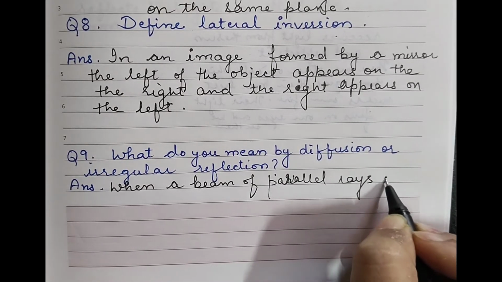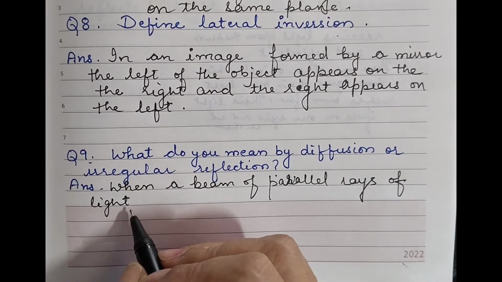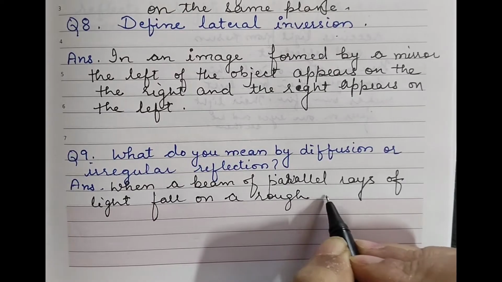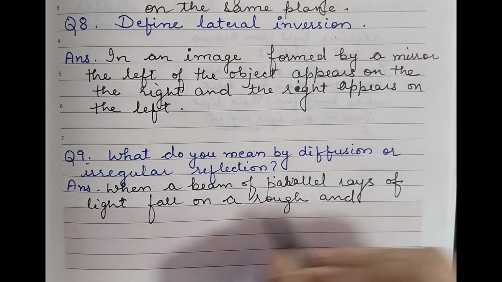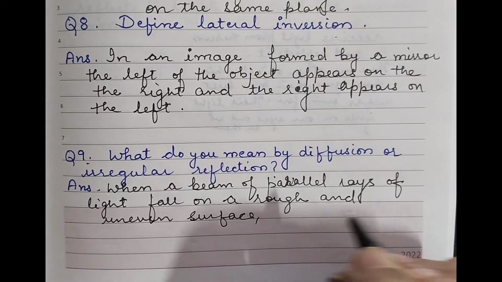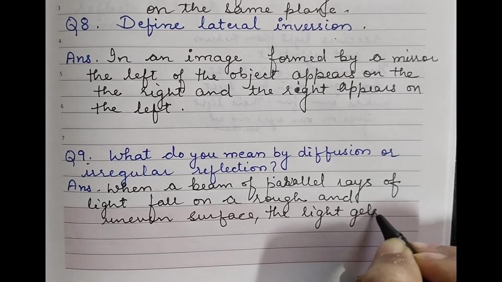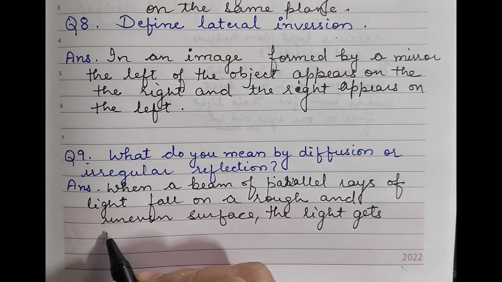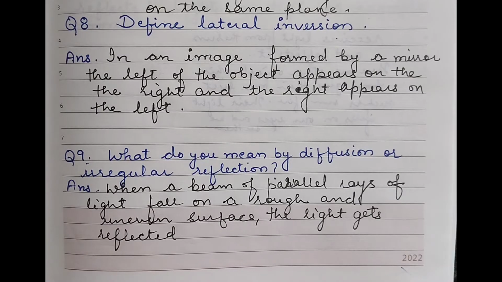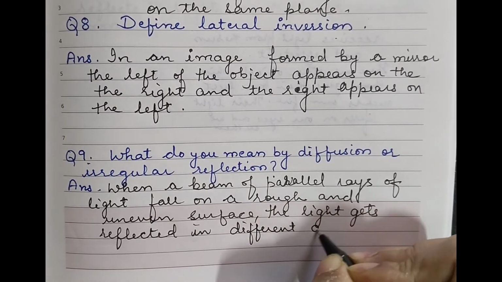When a beam of parallel rays of light, parallel rays that never meet each other, falls on a rough and uneven surface, the light gets deflected or reflected in different directions.